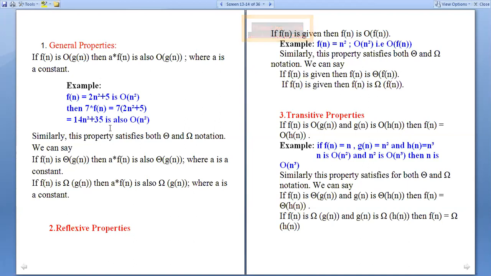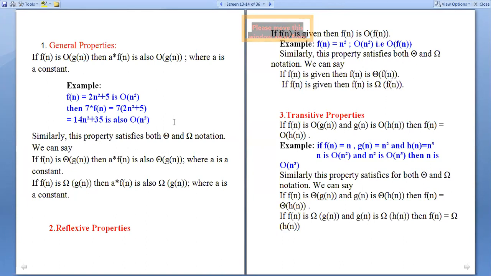Similarly, this property is satisfied by both theta and omega notations. For theta and omega notations also, we can consider the same property: even though you multiply the function f of n with some constant value, you get the same relation.